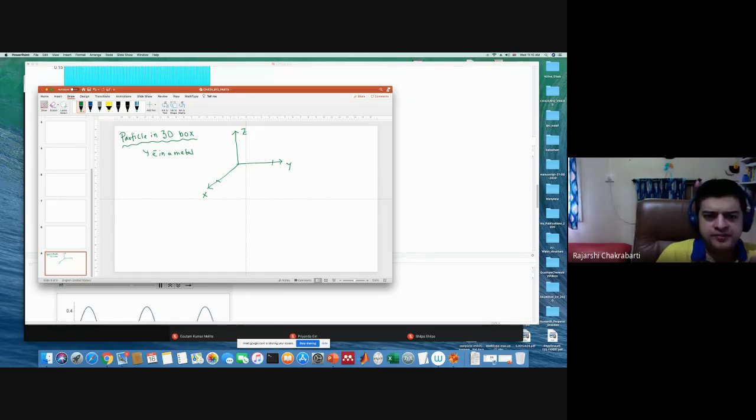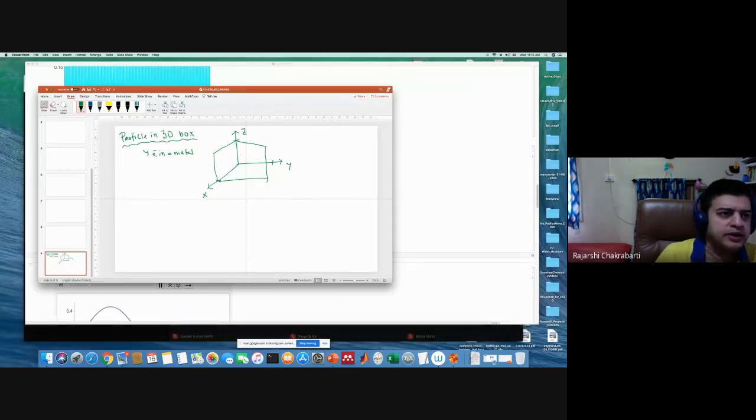Along z is L3, and then I can draw a box like this. So this is a box which I have in 3 dimensions. Not very well drawn.